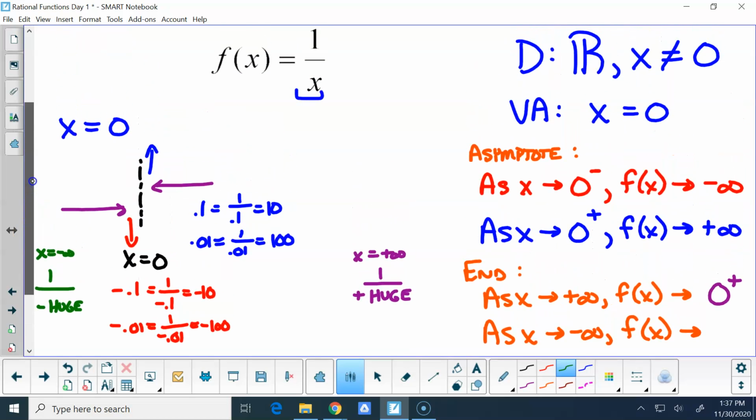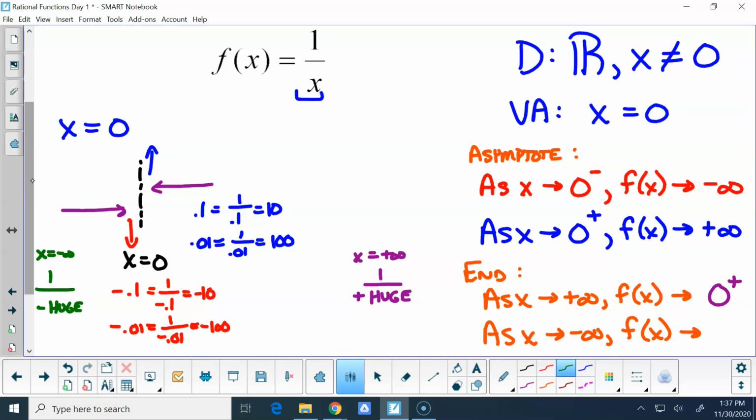So what's that going to do? Not go to infinity, because 1 over here went to 0, right? So it would go to 0, but from on the negative side, right? So that would be 0 from below. When it's attached to the x, that plus or minus tells you left and right. When it's attached to the function, that tells you above or below.